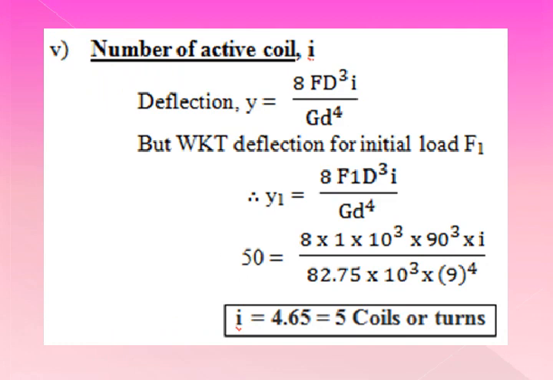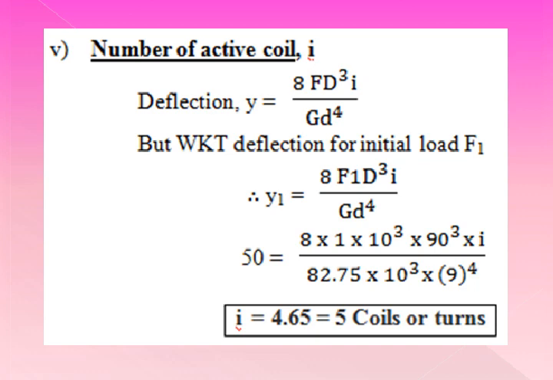Now a very important entity, that is the number of active coils i, is required. Active coil is nothing but how many turns are under action, and the rest 2 are the ground ends, that are used to connect, and need not be considered. So the number of active coils i can be evaluated by using the equation deflection y is equal to 8 into F D cube i divided by capital G d raised to 4.